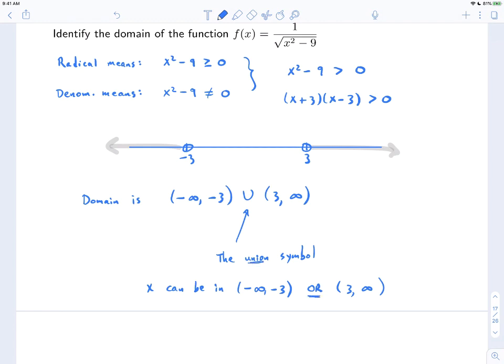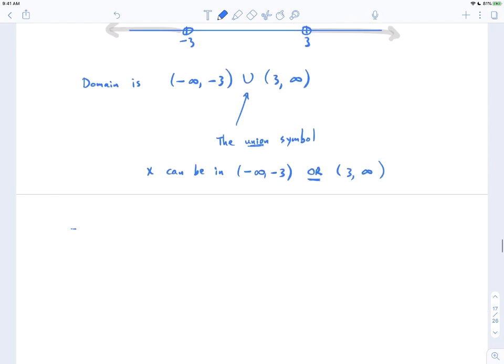Now if we wanted to write this out in set builder notation, how would we do that? Well, there are different ways we could do it, but we could just simply say that it's all x such that x squared minus 9 is greater than 0. And that would already tell us what it is, but it's not very informative to write it that way because we don't really know what those x values are.